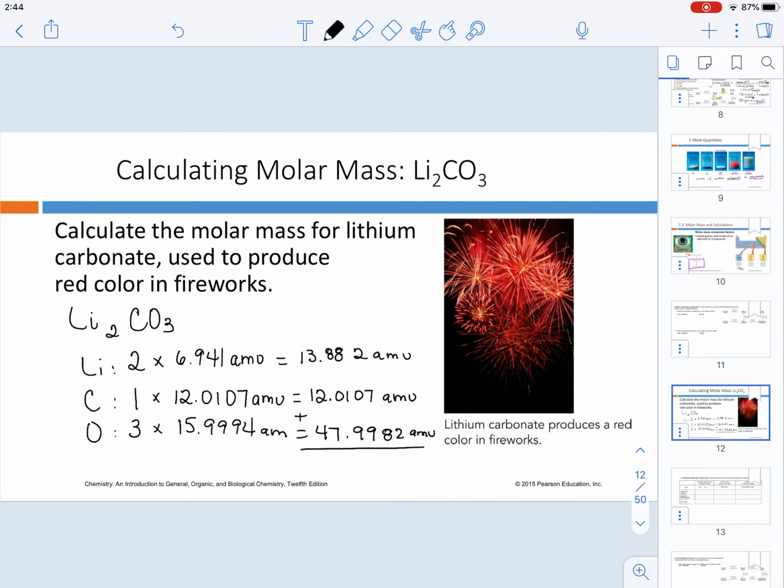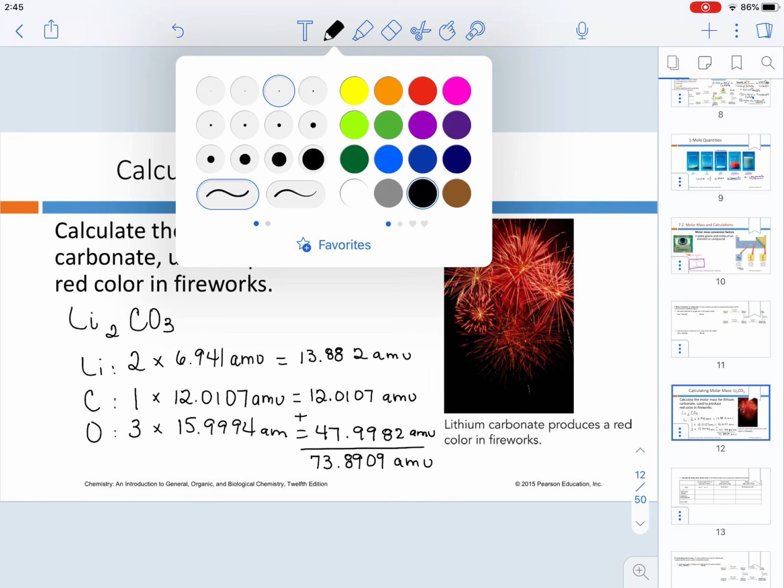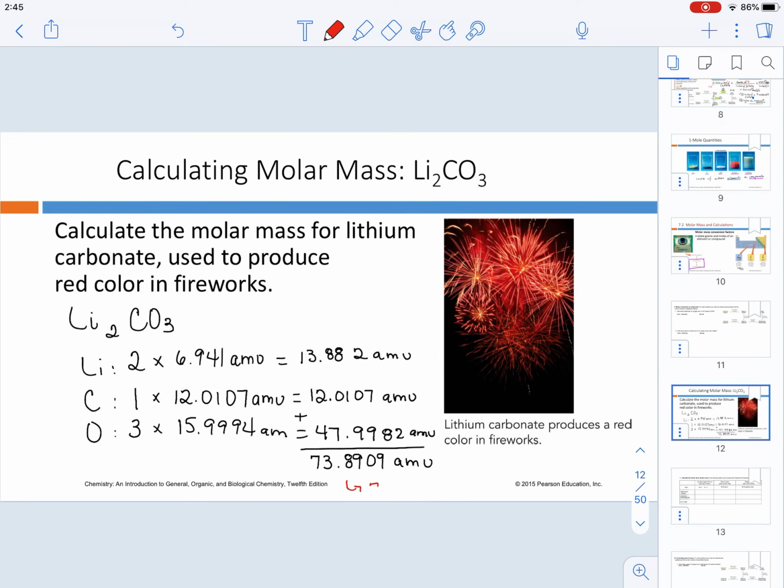So when we add these 3 values, we find 73.8909. But if we report the correct number of sig figs, remember that in addition, we need to report as the final value the number of least decimal places. So if we round it to 3 decimal places, our final value is going to be 73.891 AMU as the mass for lithium carbonate.